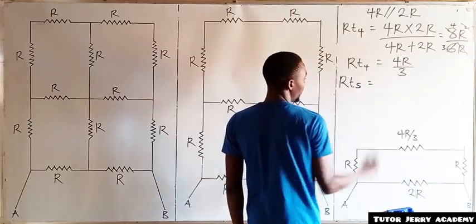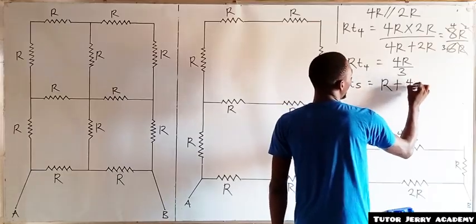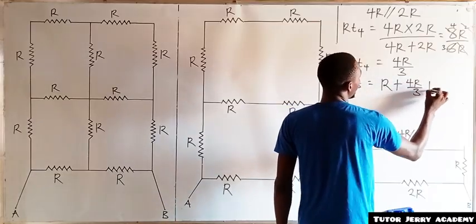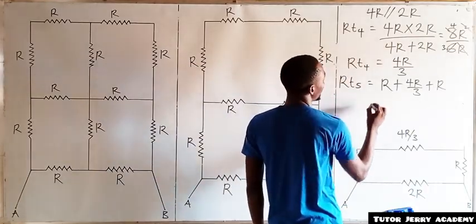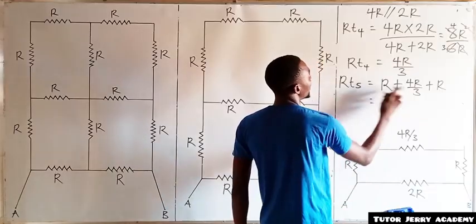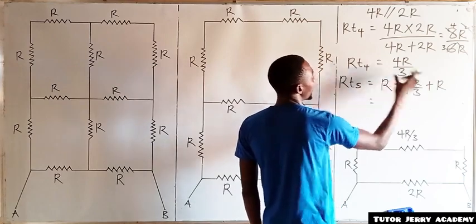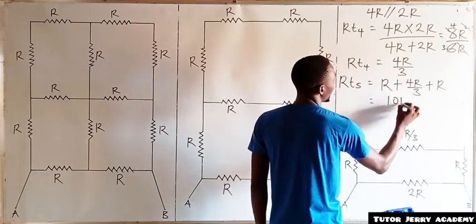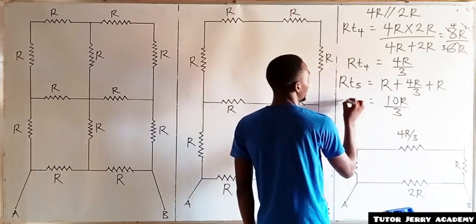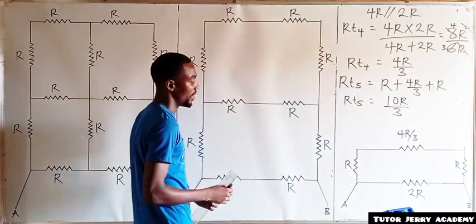RT5 will be equal to R plus 4R over 3 plus R. This will be equal to 3R plus 4R, that is 7R, plus 3R, that is 10R. So we have 10R over 3. RT5 is equal to 10R over 3.